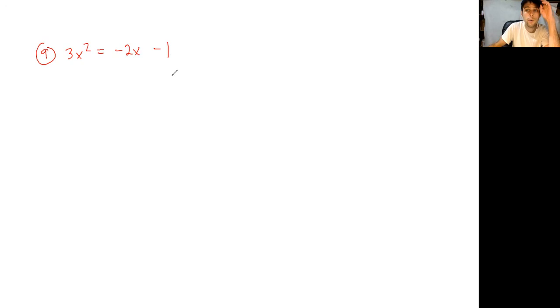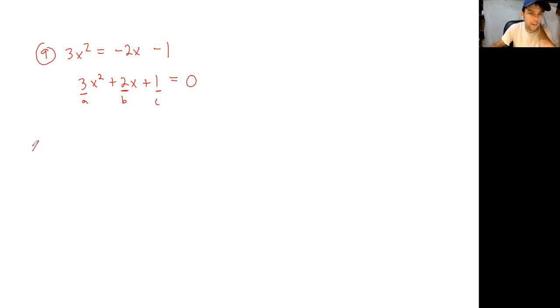So before I do anything using the quadratic formula, I would want to change this up and put it in standard form. So I'd get 3x squared plus 2x plus 1 equals 0. All right, so now it's in standard form. I have my A, I have my B, and I have my C. So I am going to go ahead and use the quadratic formula now.